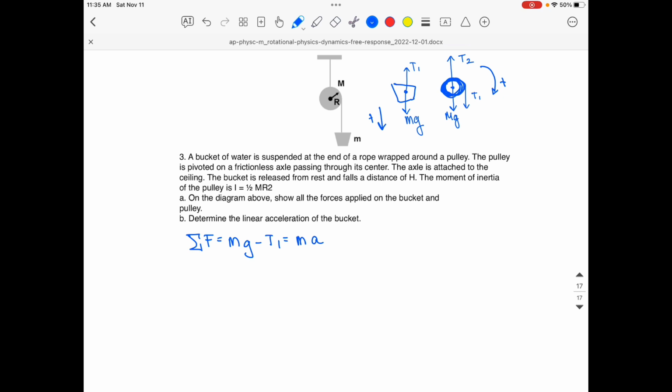Now I'm going to do the sum of the torque equation for the pulley here. In this one, I'm going to have T1 creating the torque, and that's in the positive direction, times a radius r is equal to the inertia times alpha, which I know is A over r.